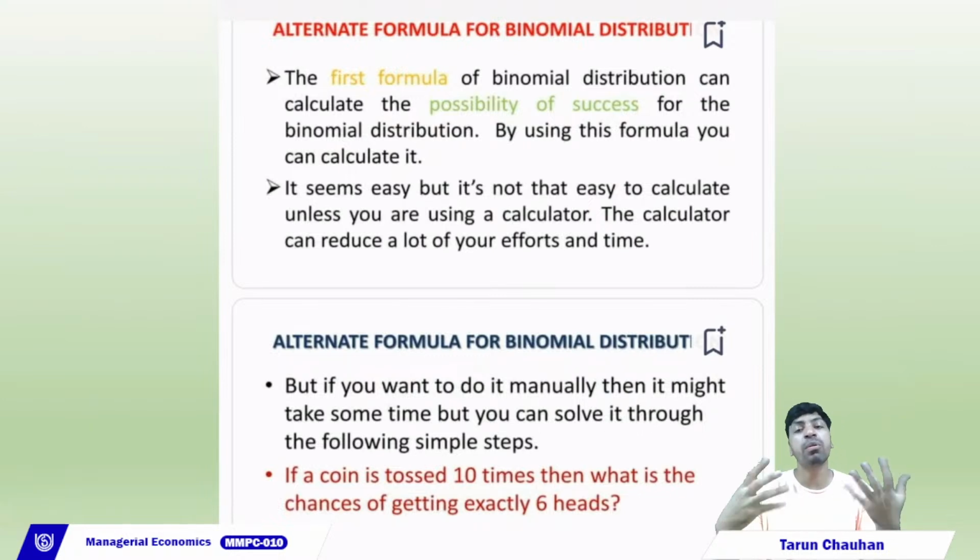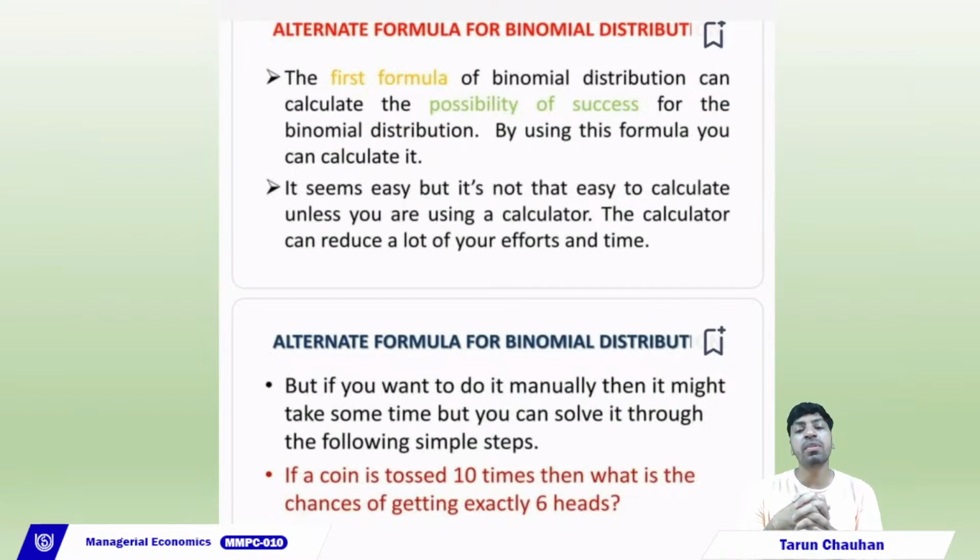Manually it will take more time to calculate. So calculators are allowed in this particular subject, and you can use them when binomial, Poisson, and normal distribution questions are asked in your examination.